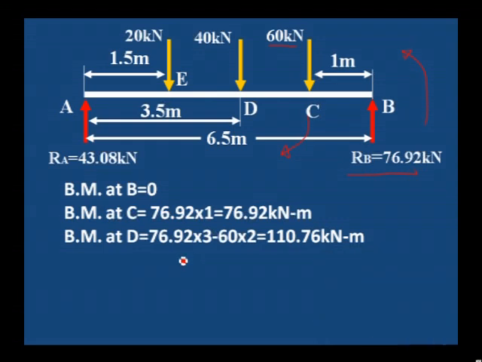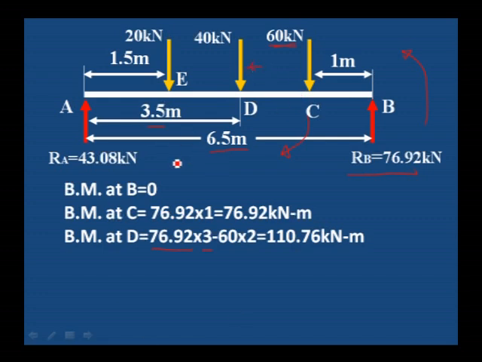See, 76.92 into distance from B to D. 6.5 is the total distance, minus 3.5, that is 3 meter. 3 meter is the distance from B to D. 76.92 into 3, this is positive because anti-clockwise, and then minus 60 kilonewton load into distance from C to D. What is the C to D distance?